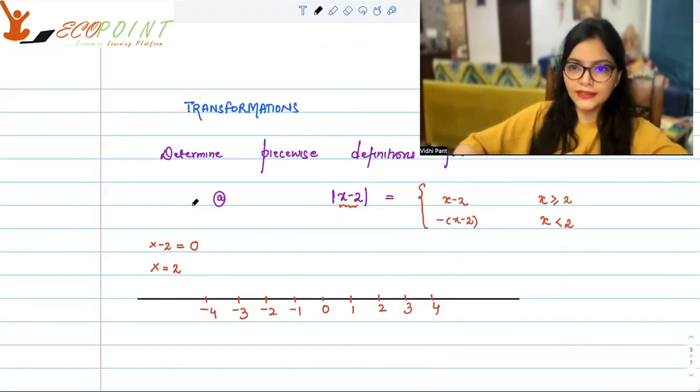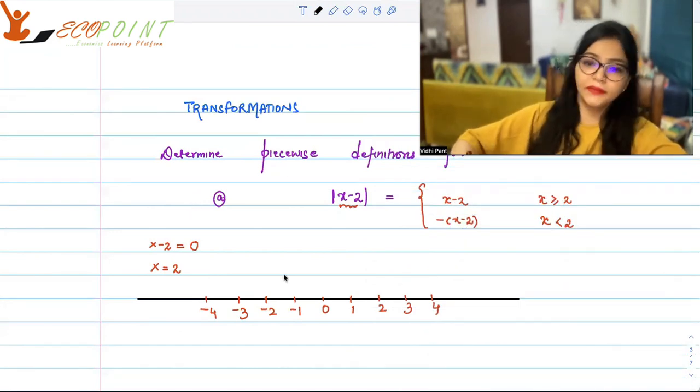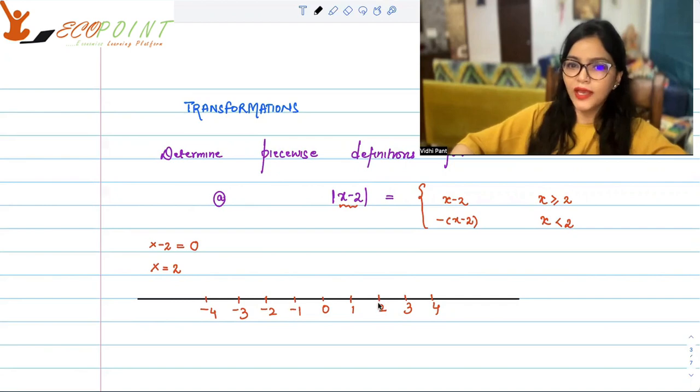Let's try to understand the same thing on a number line. What did I just mention? I mentioned that 2 is a critical point here because the change is happening at 2. Why am I saying that? Because whatever is inside these two bars, modulus x minus 2, is equal to 0 when x is equal to 2, right? So that is why I said 2 is the critical point.